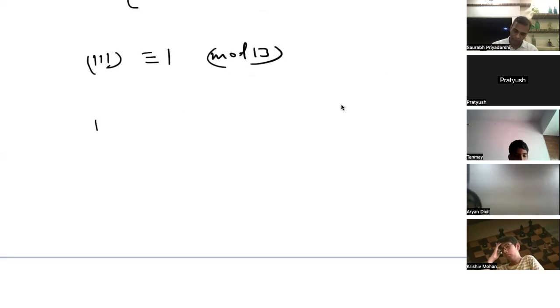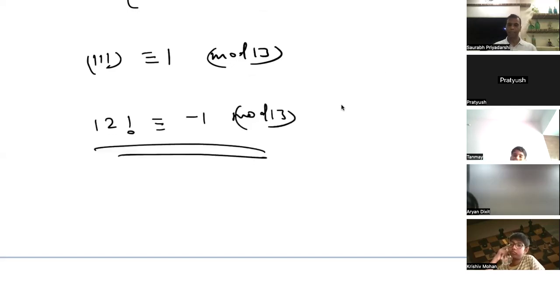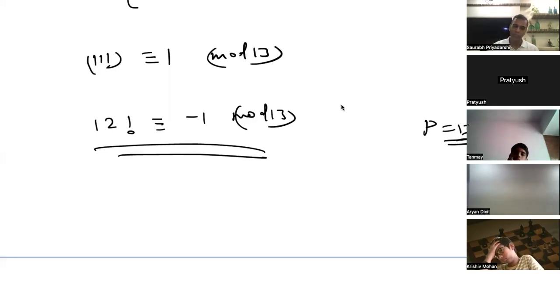But I have to multiply with 12, so 12 factorial is congruent to -1 mod 13. Is this okay? So for p equal to 13 also we are getting the pairing of numbers, and 12 and 1 are not taking part in this, and we are getting -1 as the remainder.